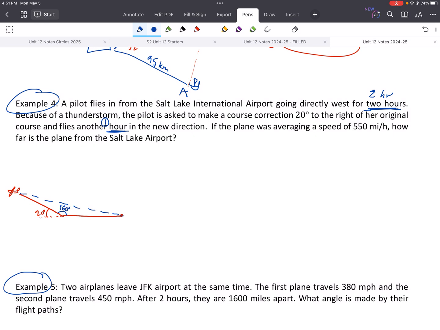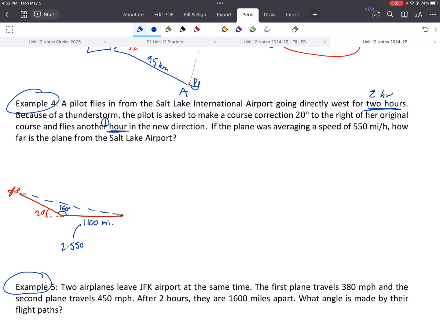They tell us that they fly for 2 hours going 55, or 550 miles per hour. So how far did it actually go for the first 2 hours? 2 times, we'll put it here, 2 times 550. So that will give us 1,100 miles is that length.